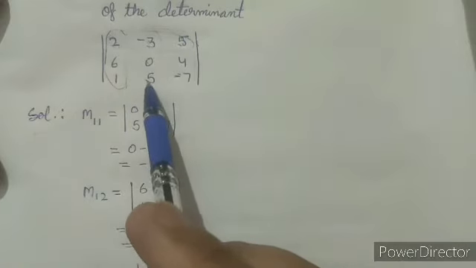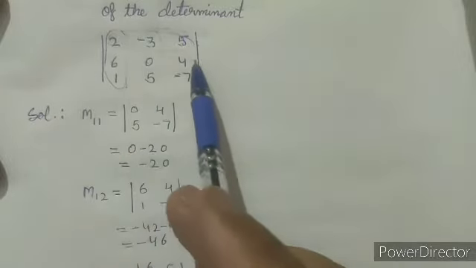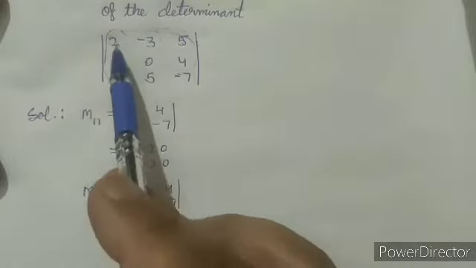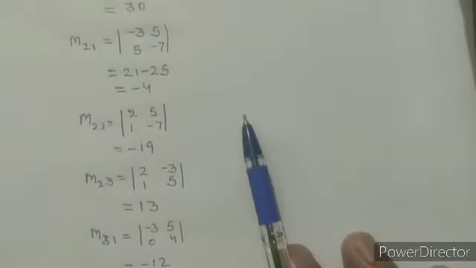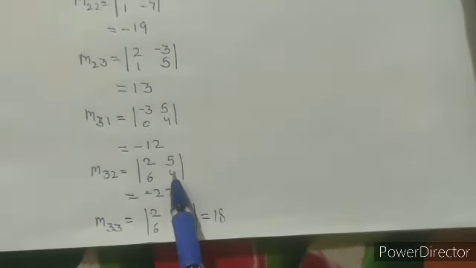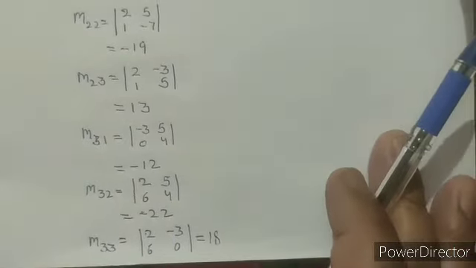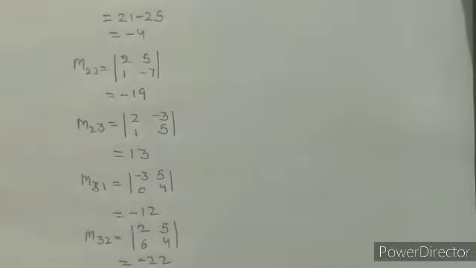We are finding the minor of 5, that is M32. We eliminate its row and column, and that will give us determinant of 2, 5, 6, 4. M32 will be determinant of 2, 5, 6, 4, and that is equal to minus 22. Now similarly, we can find the minor of other elements of the determinant.